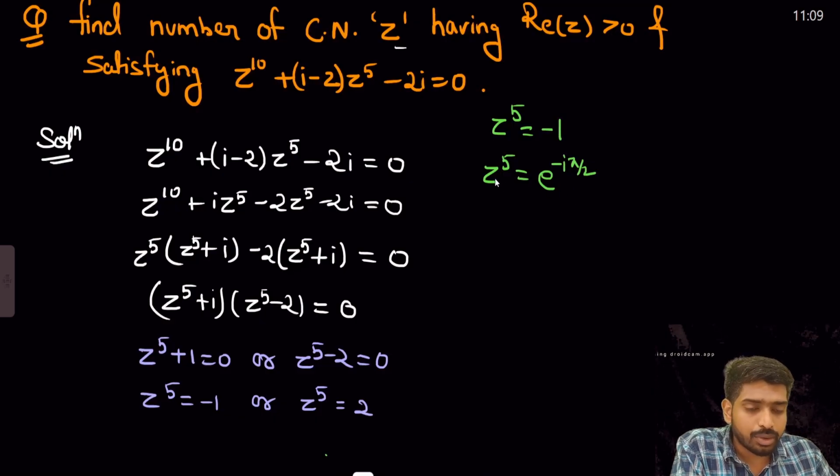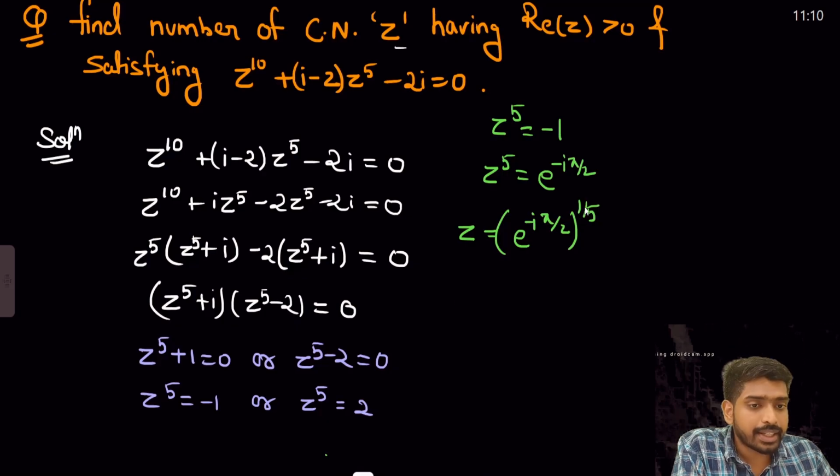Now to find z, I will apply DMT, which we studied in the previous lecture. So z will be equal to e to the power of iota pi by 2, minus iota pi by 2, to the power 1 by 5. We will not directly multiply this 1 by 5 inside, because then we'll get only one solution, but there are many solutions.